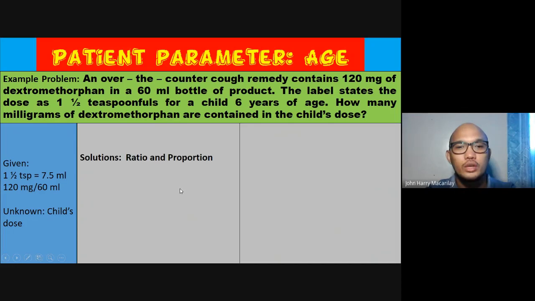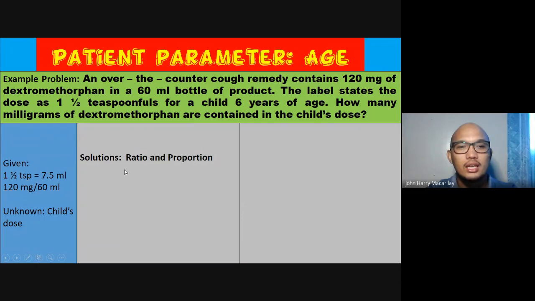So let's first use ratio and proportion. So again, this is between two ratios. So one of them is missing. It's either an extreme or a mean. So it will depend on how you position your solution or your ratios. So the pair here is that in 60 ml, it contains 120 milligram of dextromethorphan.